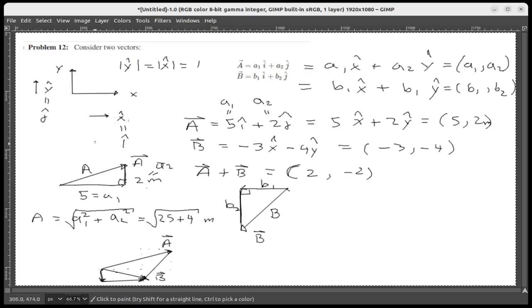So they're just unit vectors that point in the component direction, and then you can think of them as sticky arrow pointers that point your magnitude in the direction of interest. So the I hat points the 5 in the x direction, so it says just to march 5 in the x direction. Similarly, the j hat tells the 2 to go that much in the y direction, go up 2 in the y direction.